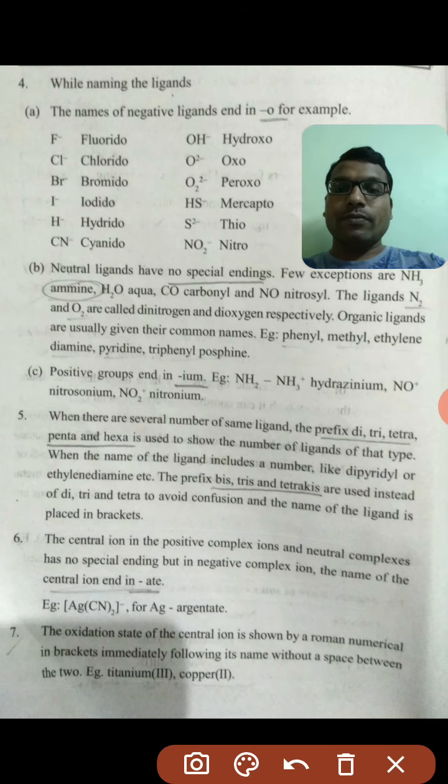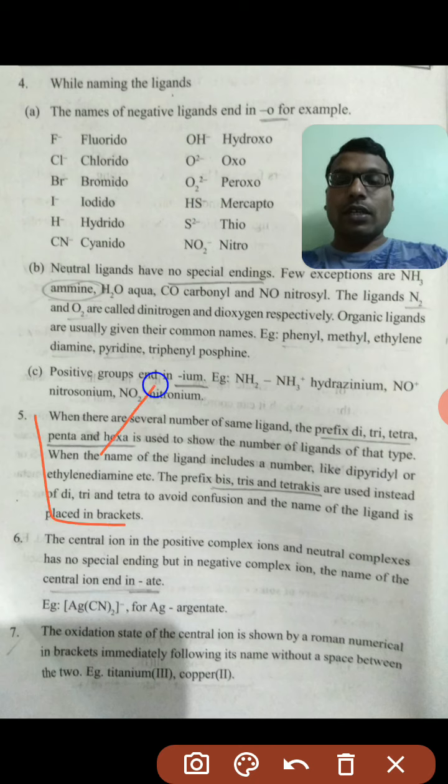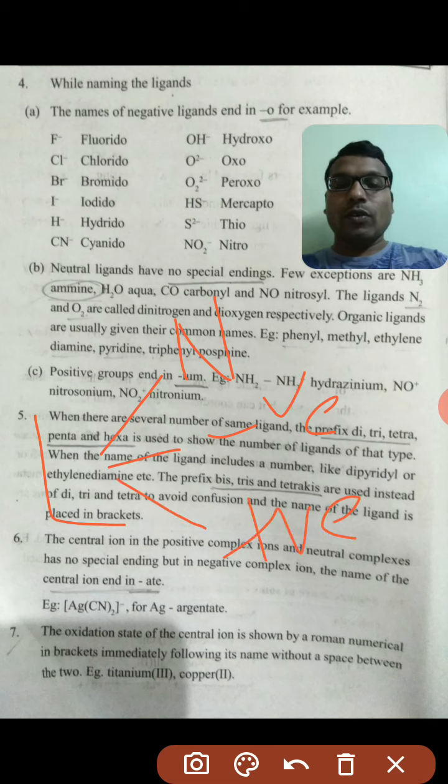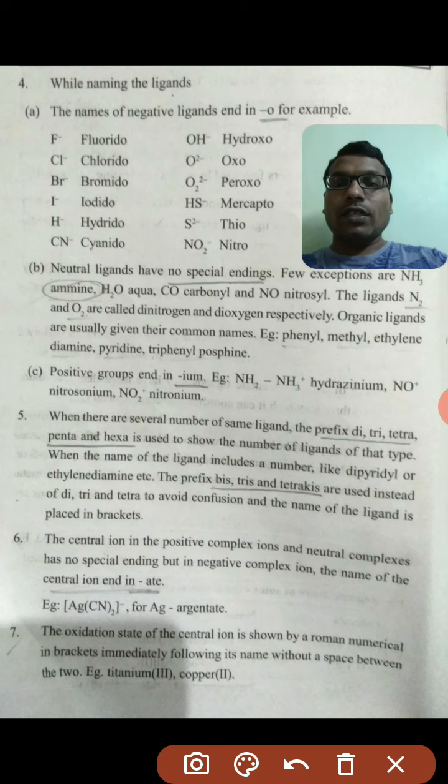Generally we already discussed that ligands are of three types: monodentate ligand, bidentate ligand, and polydentate ligand. You can also call them neutral ligand, negative ligand, or positive ligand. In this, if the ligands are negative ligands, they always end with O.